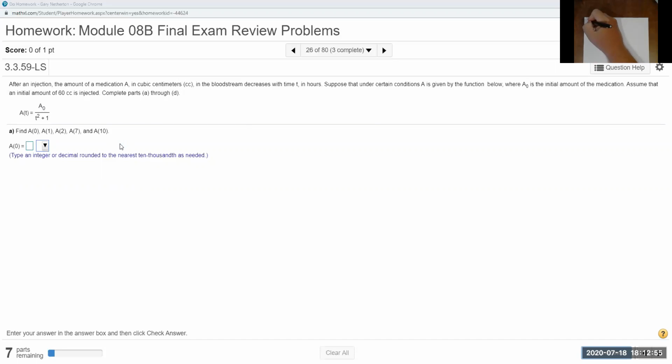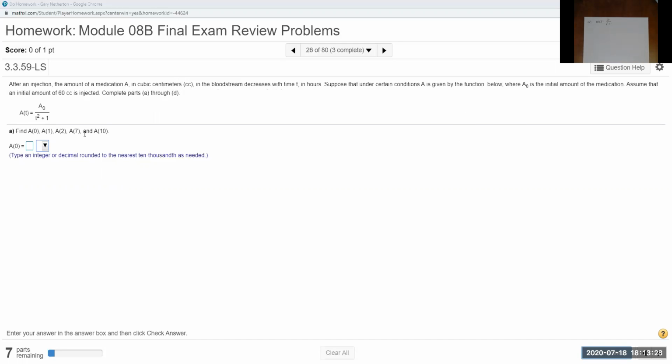So this is 26. So the question is A of t. Instead of A naught, I'm going to put 60 in, 60 over t squared plus 1. So the first question is they want us to find a bunch of the values. So this is the amount of medication at time 0, at time 1, at time 2, at time 7, at time 10. I assume these are hours.